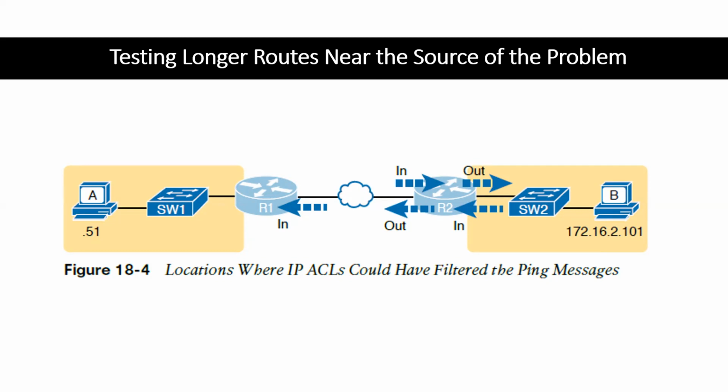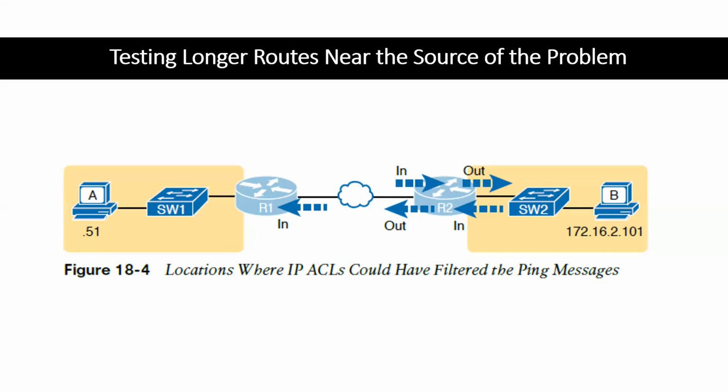But again, switch 2 is operating at layer 2. So if he confirms layer 1 and layer 2 is fine connecting to that device, Antoine is again going to test longer routes near the source of the problem. What's closest to PCB? It's R2.